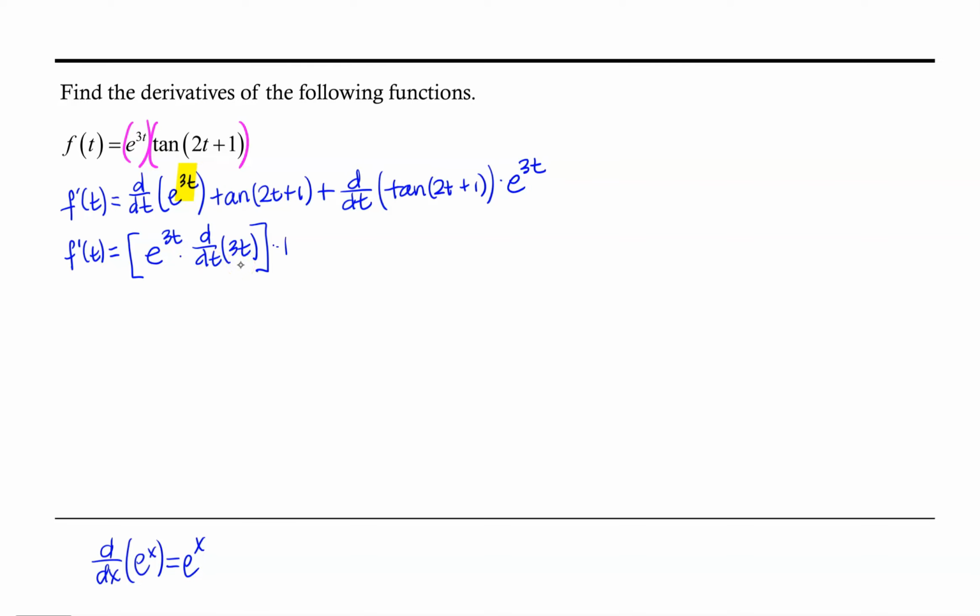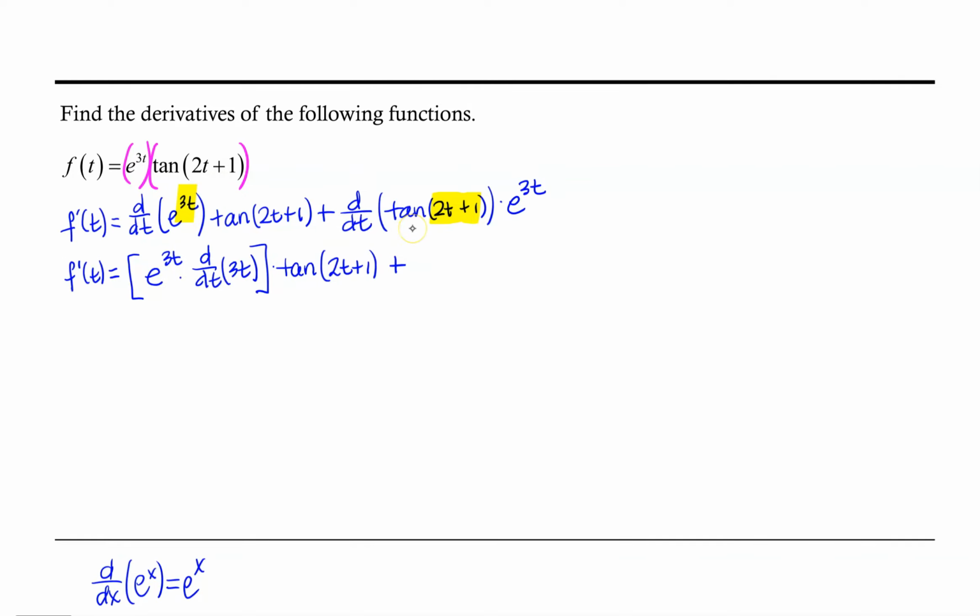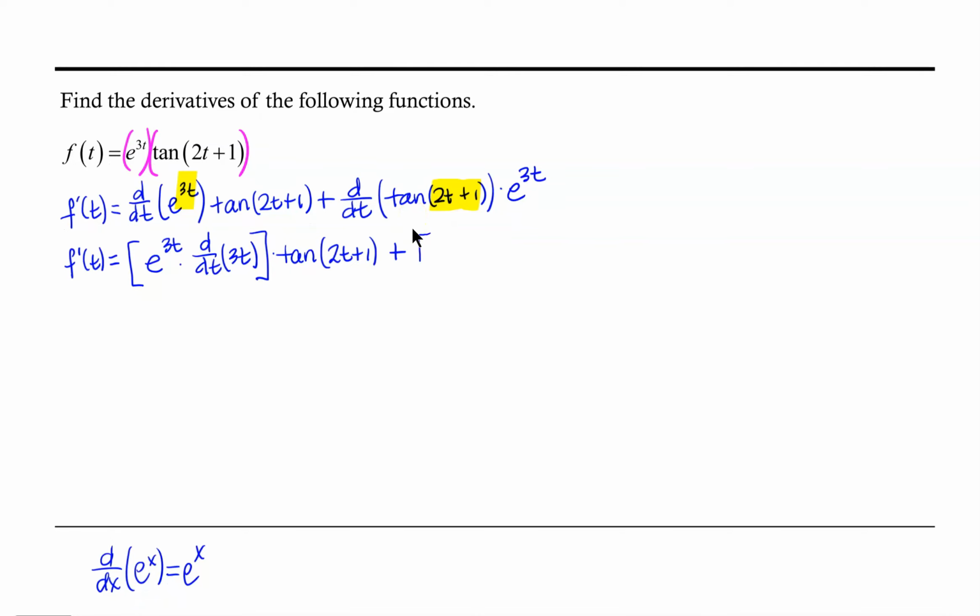Now we're going to go ahead and multiply that by tangent of 2t plus 1, plus, and now we have our tangent function we need to take the derivative of, and our tangent function has that argument of 2t plus 1. So we'll need to use the chain rule. So the derivative of the tangent function is secant squared.